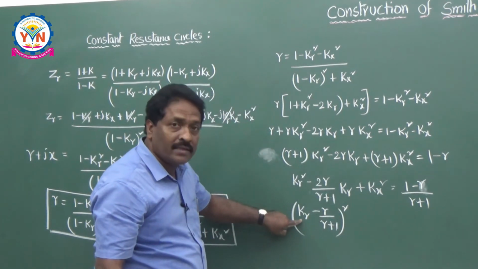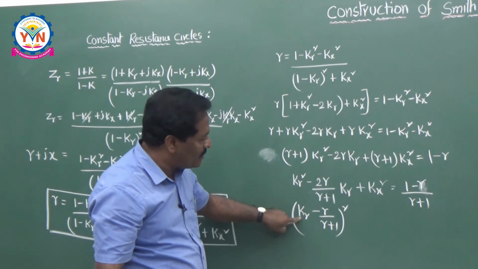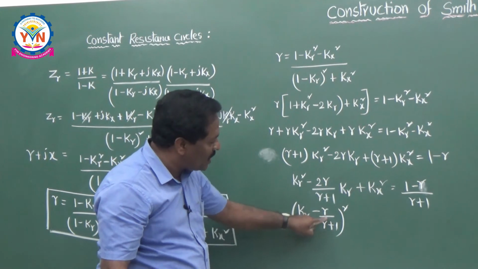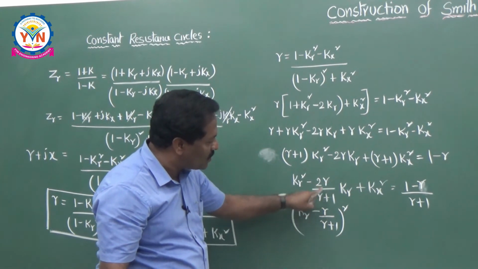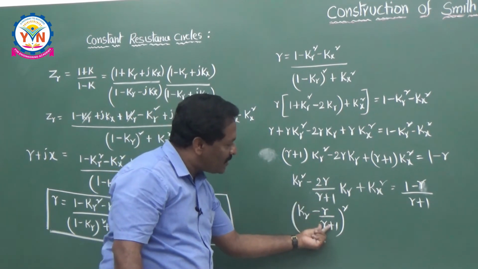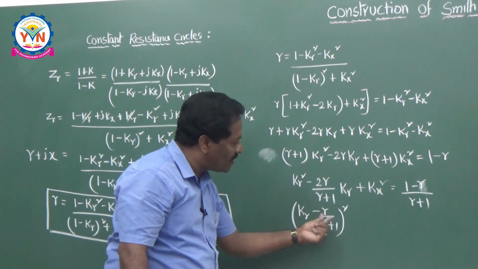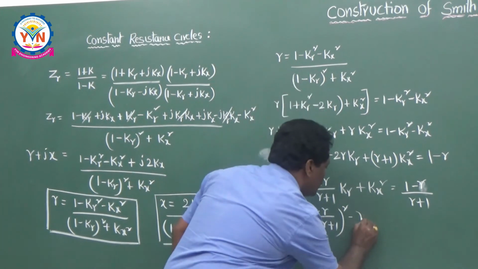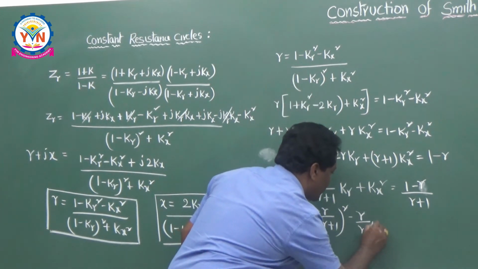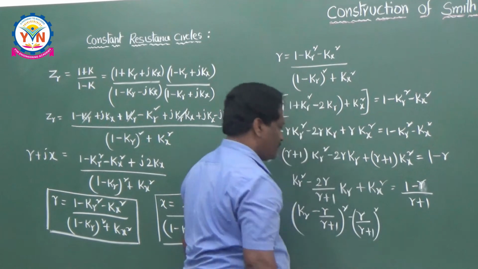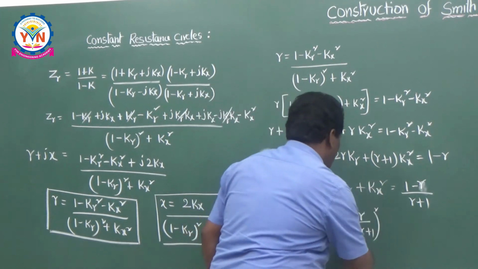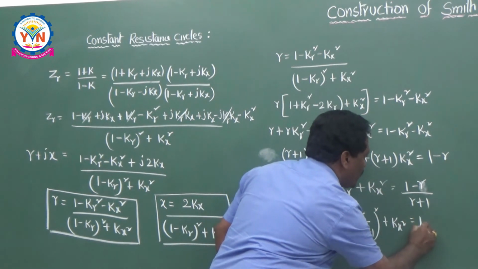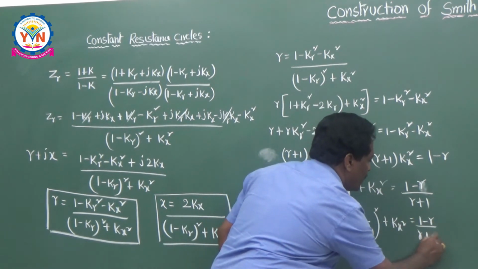If you expand this, it is kr² + (r/(r+1))², and the extra term is minus 2ab. So the extra term you are getting here is minus (r/(r+1))², into plus kx² is equal to 1 - r/(r+1).